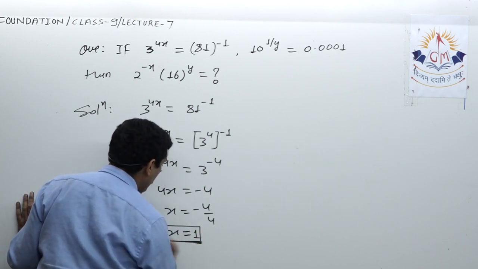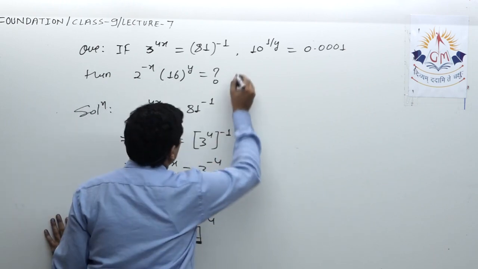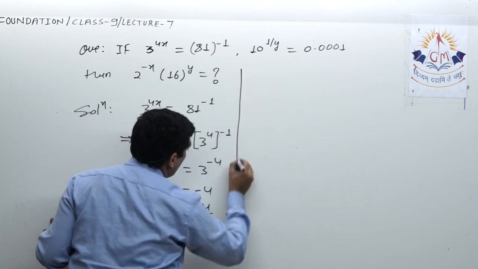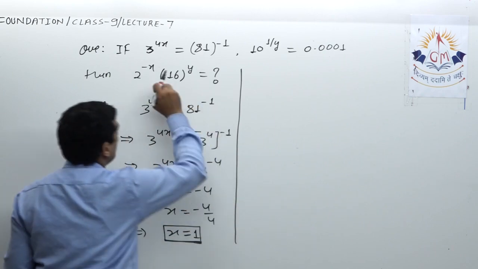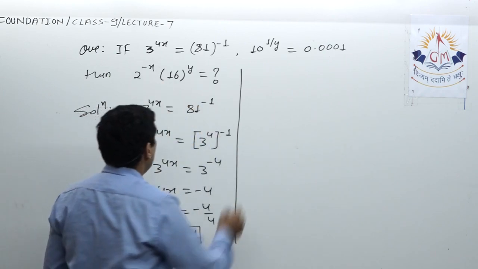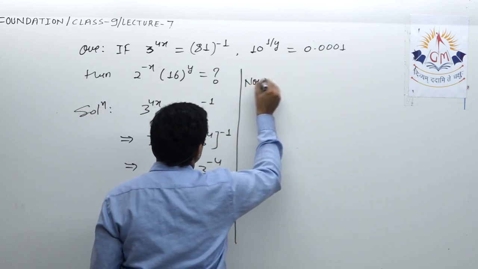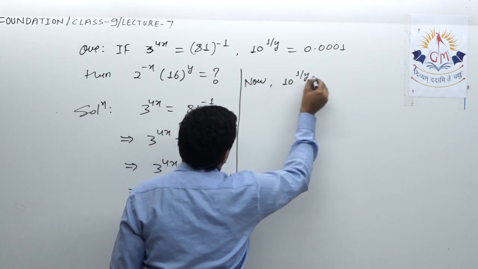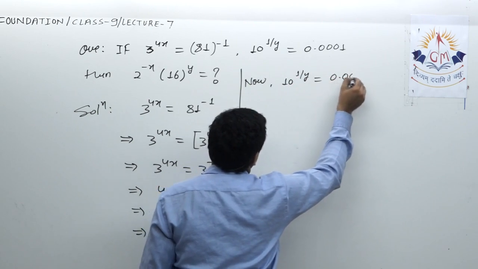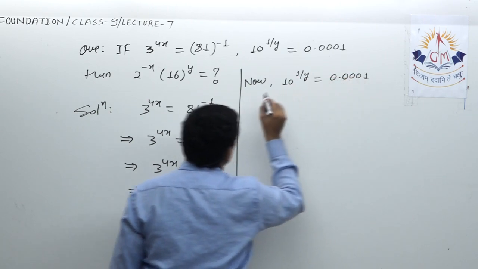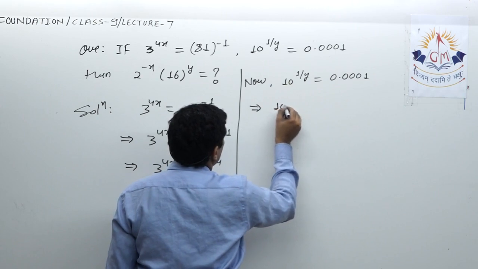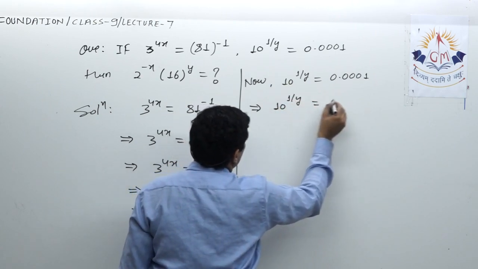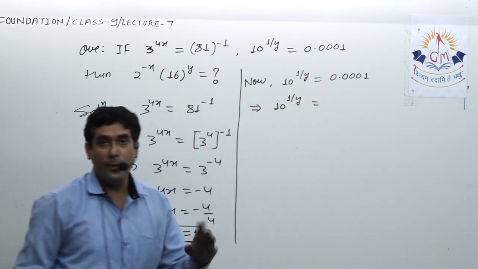Now in the similar way we'll get the value of the second variable, y, and after getting these two we'll put these two values in the given expression. So now 10 raised to 1 upon y is equal to 0.0001. Now I have to make the bases same.